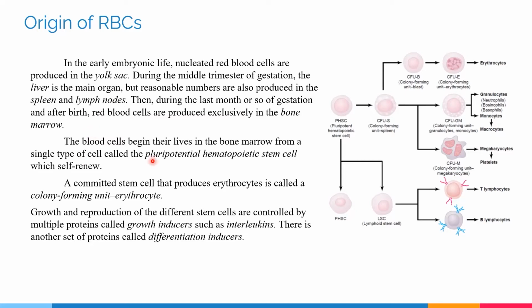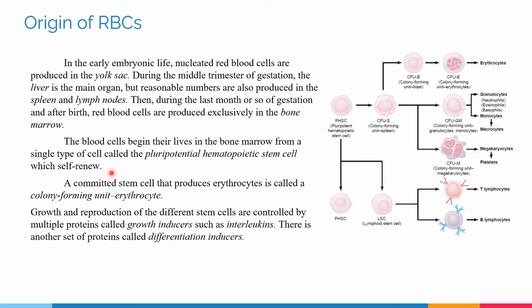The blood cells begin their lives in bone marrow from a single type of cell called a pluripotential hematopoietic stem cell with self-renewal. So here we have to understand a lot of things. First, what are stem cells? Stem cells are early progenitor cells that have the capability of self-renewing and producing different progenitor cells which then produce different cell types.